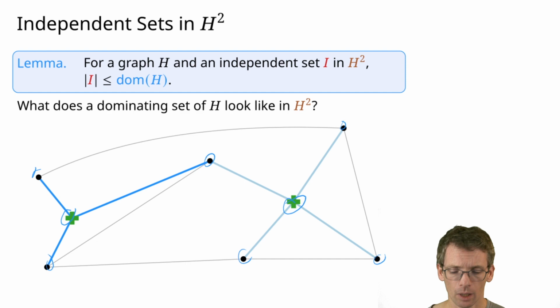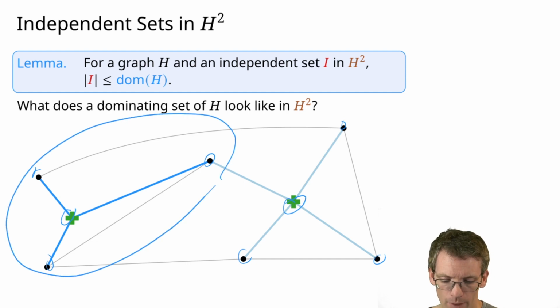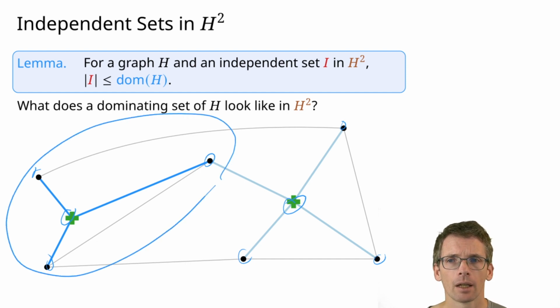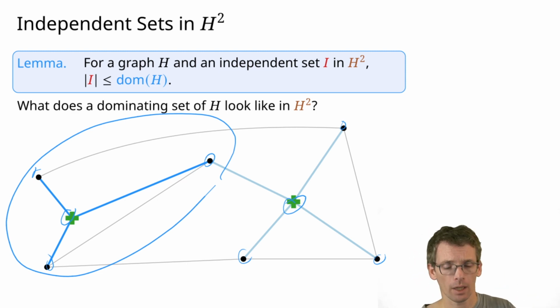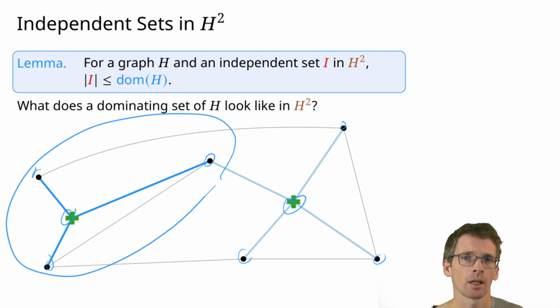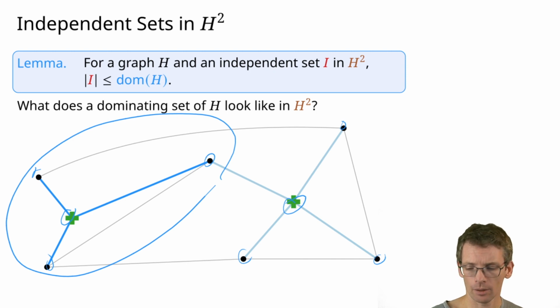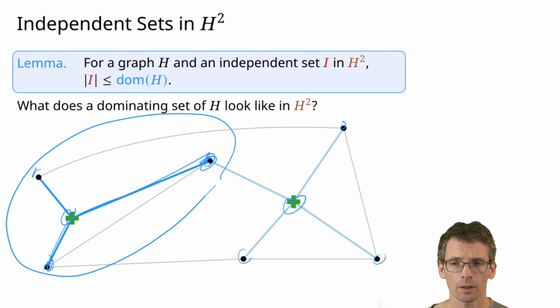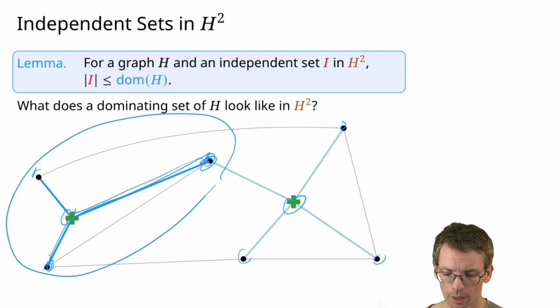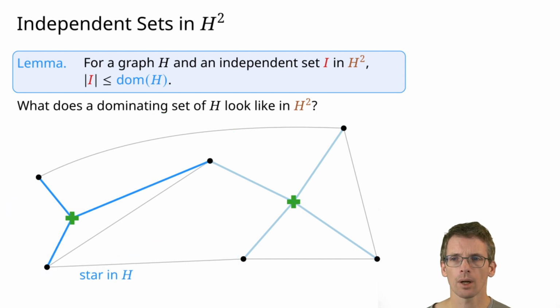Now, what if I look at one such star, so let's look at this star here, and look at how the graph looks on those vertices in H squared. Because it's a star, for any two vertices in the star, the graph distance in H is at most 2. So any two vertices in a star are at most 2 edges apart.